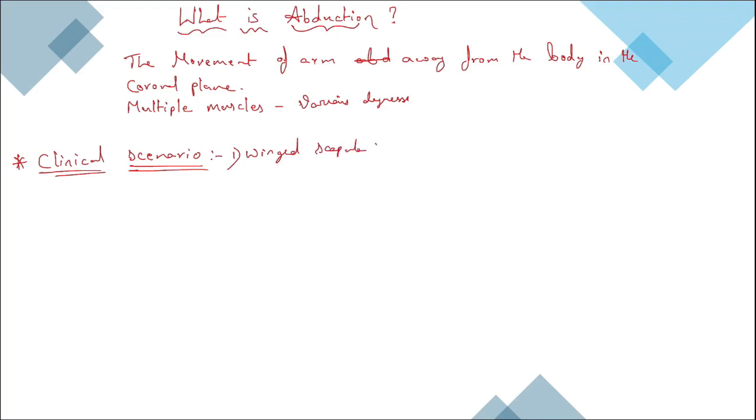In winged scapula, we can see injury of the long thoracic nerve. We can see this if a patient has gone through surgery of post mastectomy, that means removal of the breast.